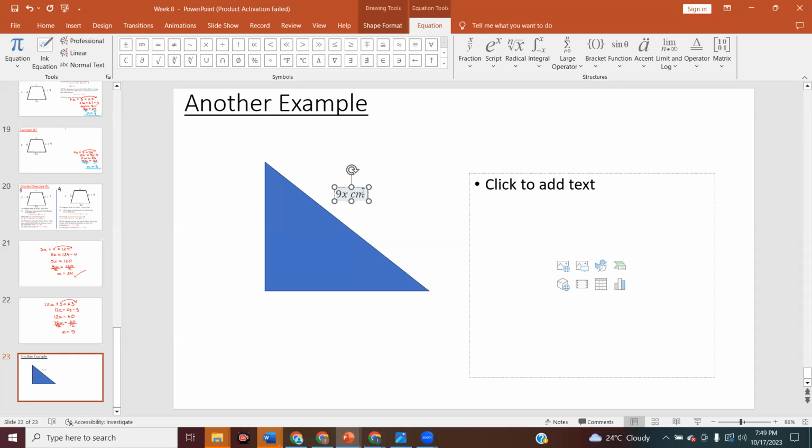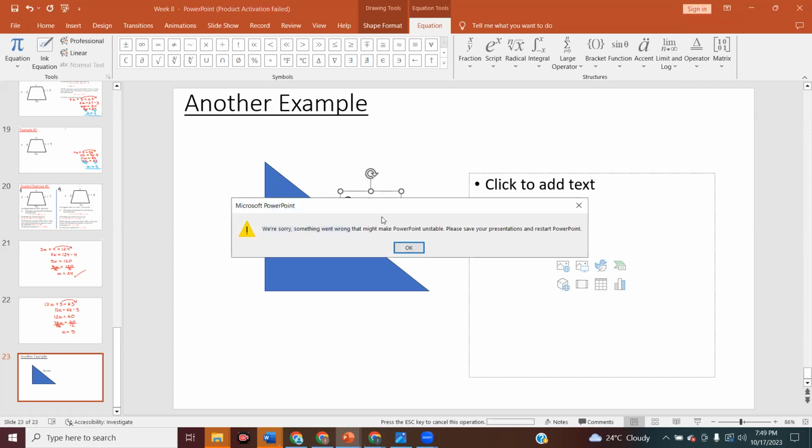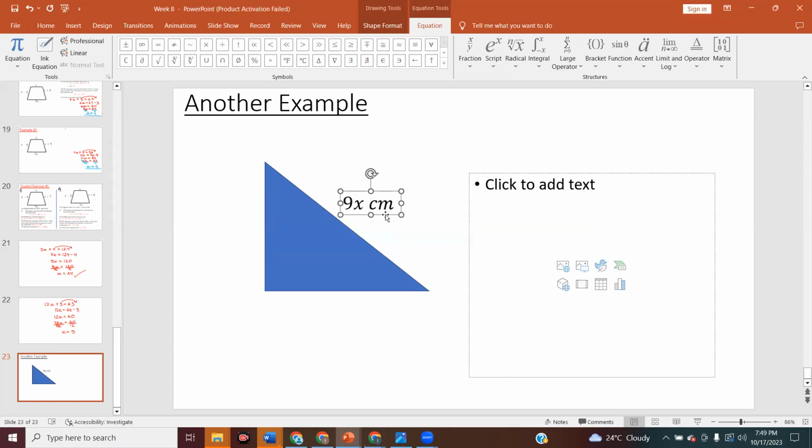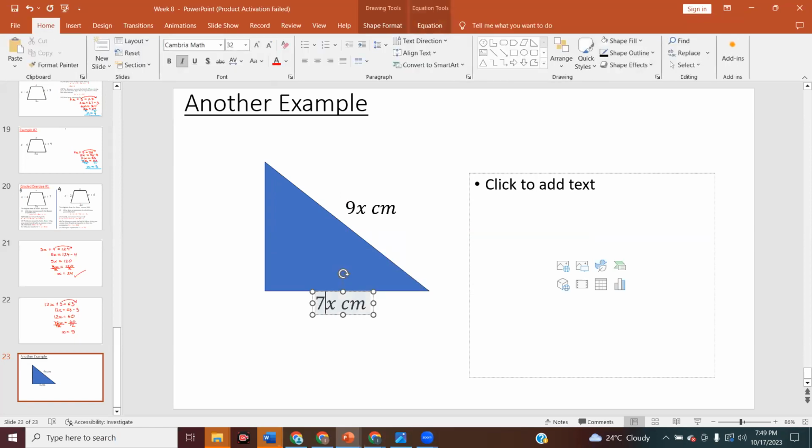All right. And let's say that this other side is 7x centimeters.